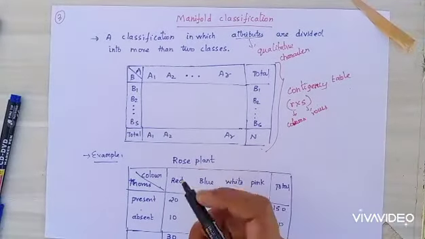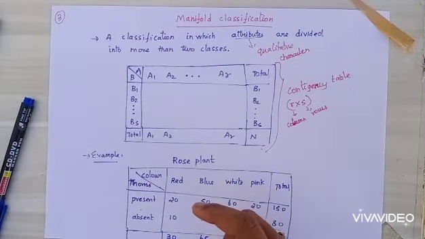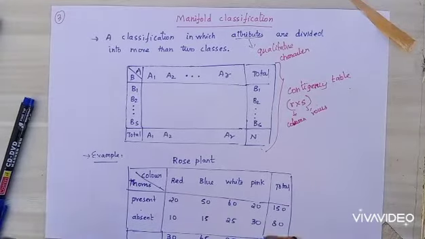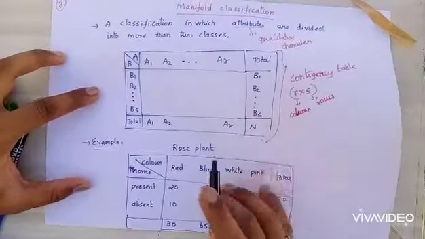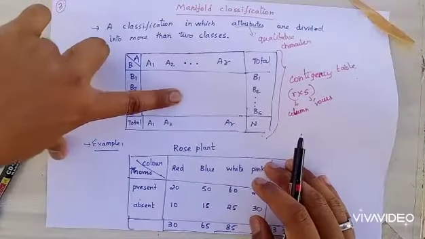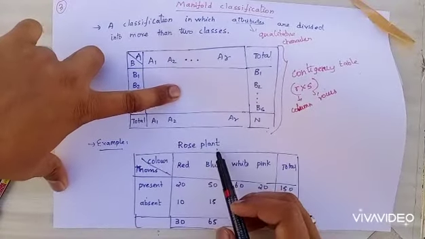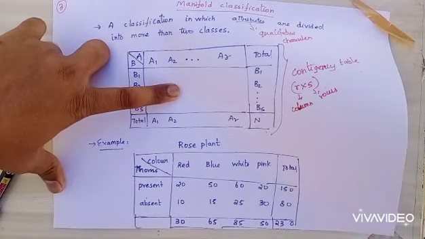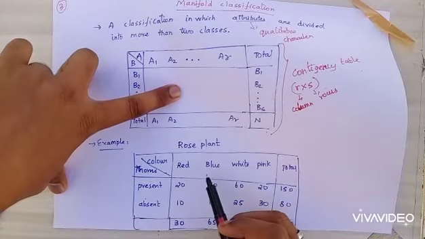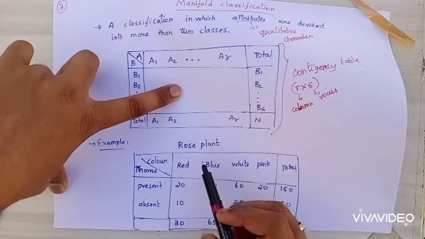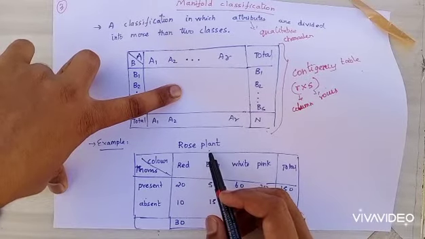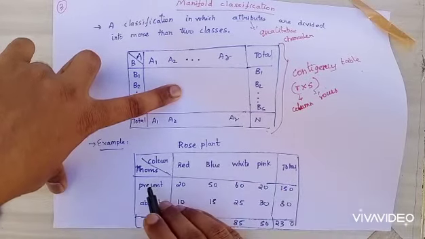Let us see some examples. For example, there is a rose plant. In the rose plant I am taking two attributes.